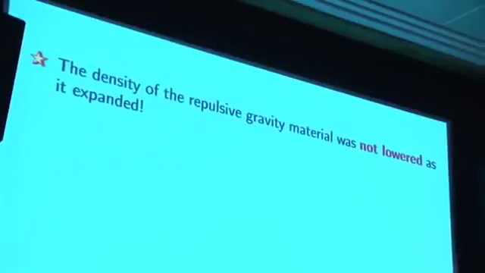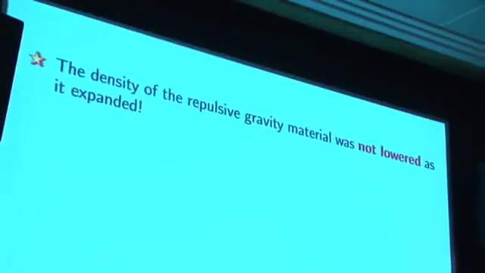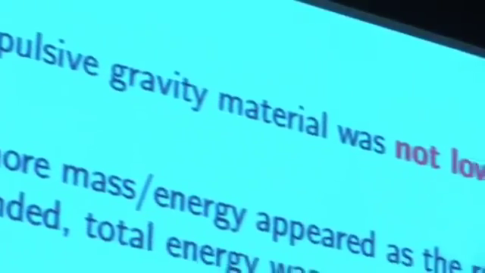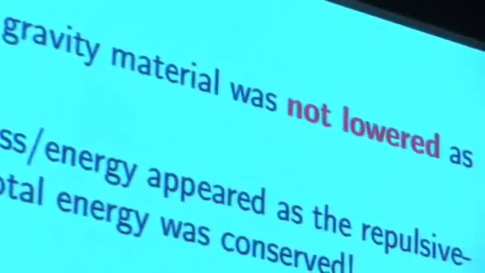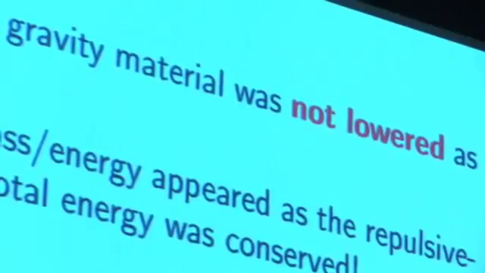OK, now, a peculiar feature of this expansion driven by the repulsive gravity is that the energy density of this negative pressure repulsive gravity material is not lowered as it expands. If you had any ordinary gas expanding by this huge factor, it would thin out. It would dilute to zero energy density or incredibly small energy density.